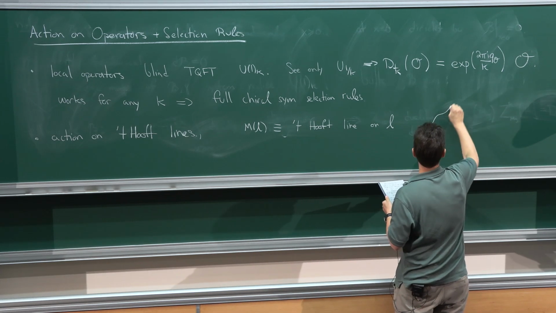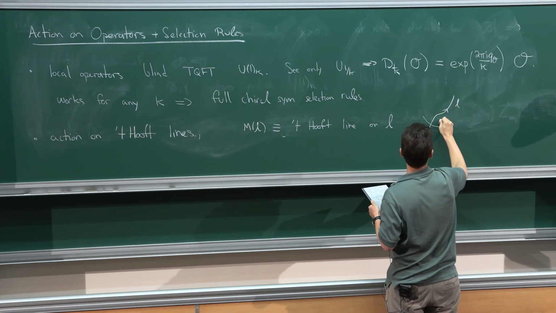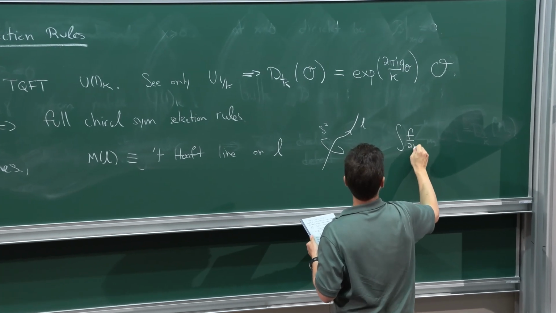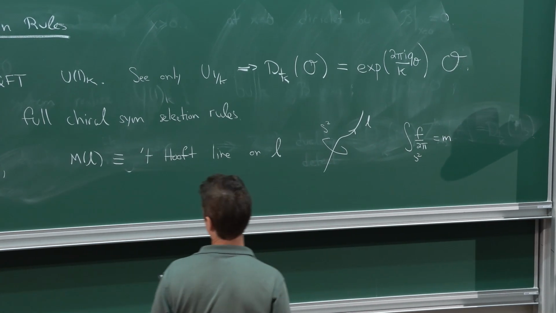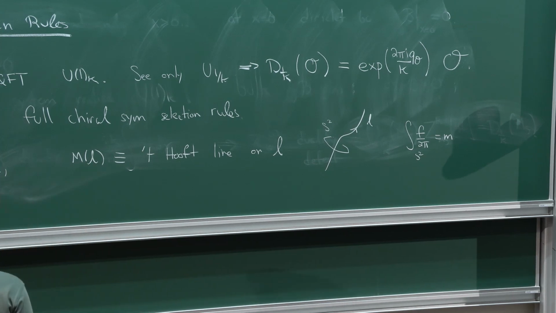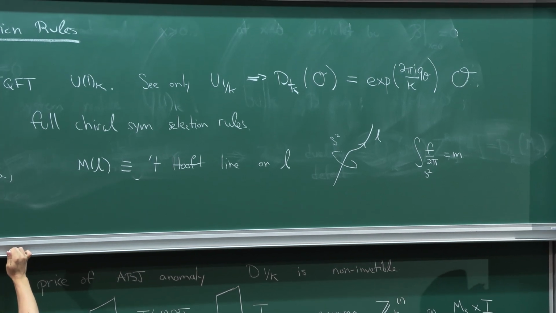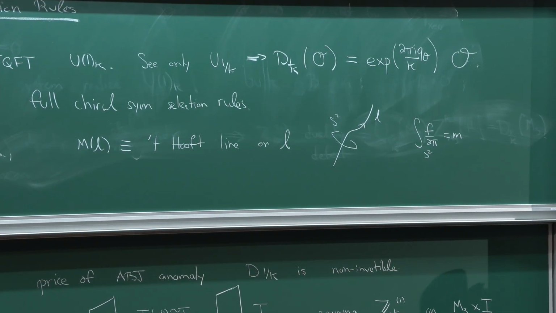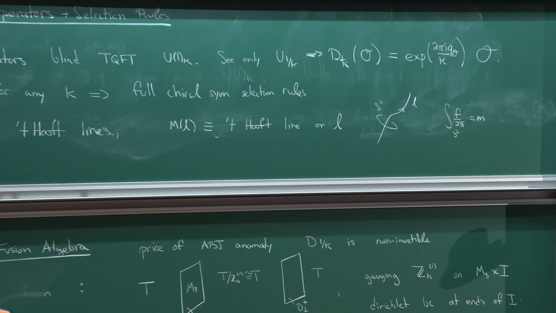So, here's our line L. Here's the linking two sphere. And the integral of F is equal to M, which is the magnetic charge. We'll mostly be interested in the case little m is 1, but I'll keep it general for now. So we want to figure out how does this operator, this duality defect, or this non-invertible chiral symmetry, act on the 't Hooft line?